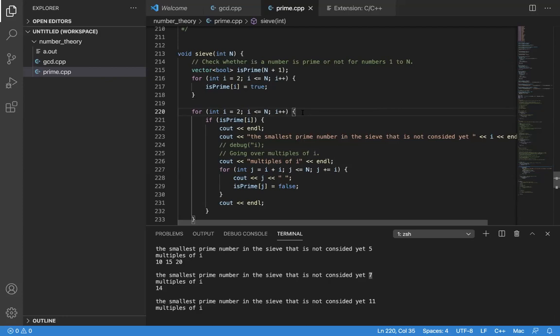So you take one number that you haven't taken till now, and whatever are its multiples, you are guaranteed that they are not prime. So remove them from the sieve. Keep doing this step till you can find a prime number which you haven't taken yet, and take all its multiples and remove them. So in the end, all the numbers that are remaining in your sieve will be your prime numbers only. Is that clear?